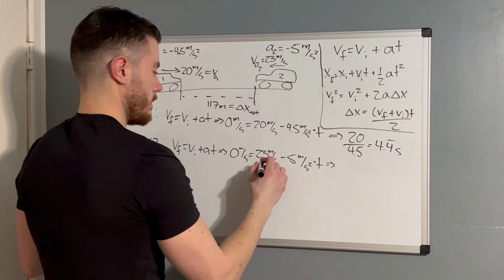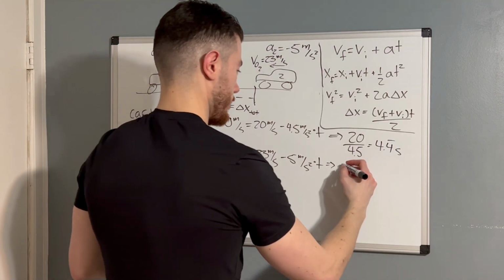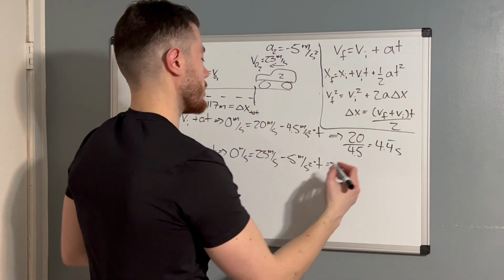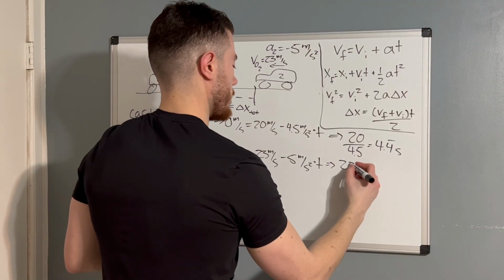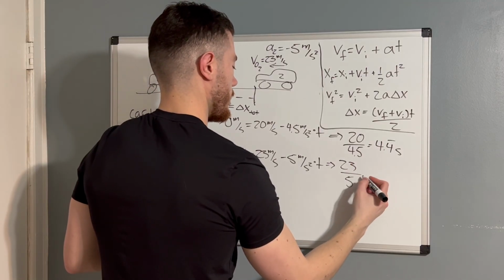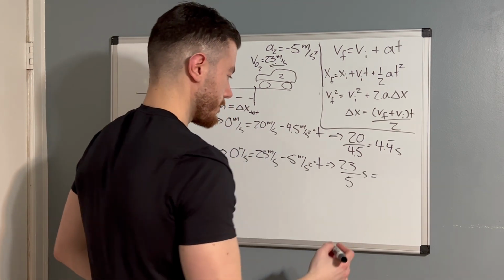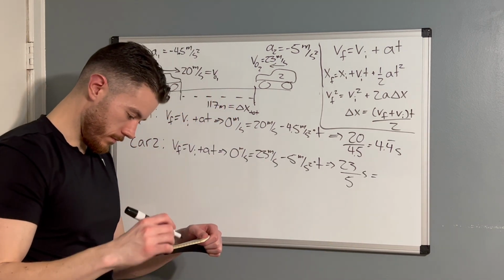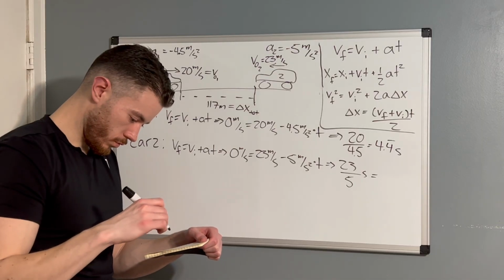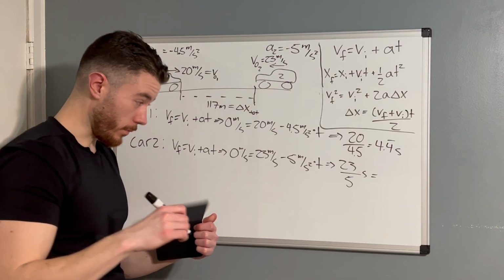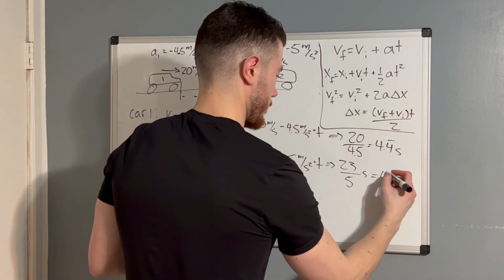This will be 23 divided by 5. Skipping some algebra steps, I hope you can see how I got that. 23 divided by 5 seconds is equal to 4.6 seconds.